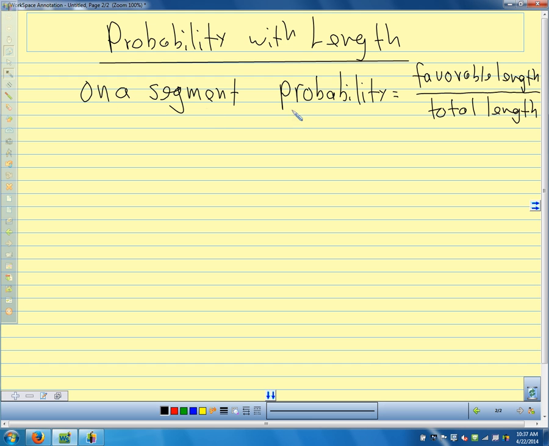And this should be one of the formulas that you put in your circle for geometric probability. On a segment, your probability equals favorable length over total length. So let's look at a couple of examples of using this idea.